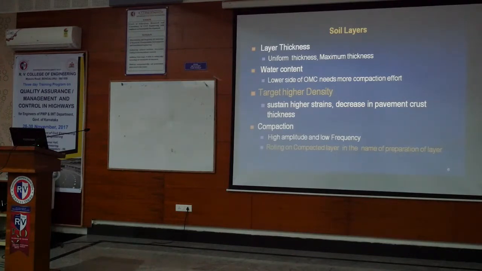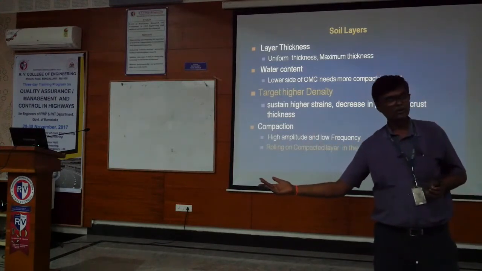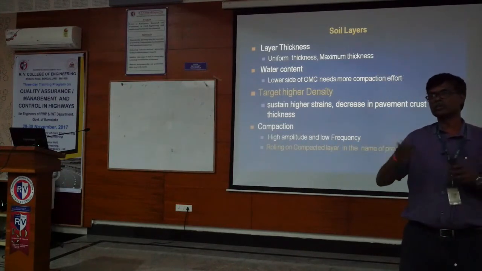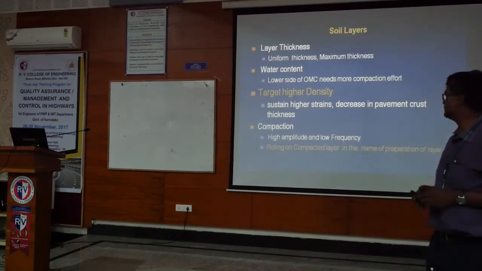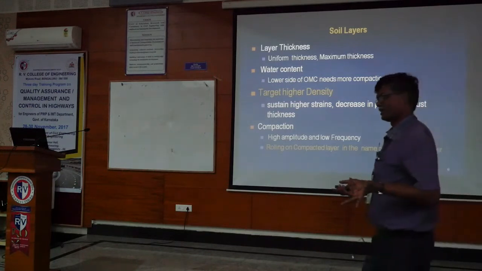Maybe if that is not possible, then probably we need to run more passes, or reduce the thickness. And what does it mean? I am using more fuel, more equipment resource, and so on. So there is a compromise. More passes we get. Sometimes we may not.